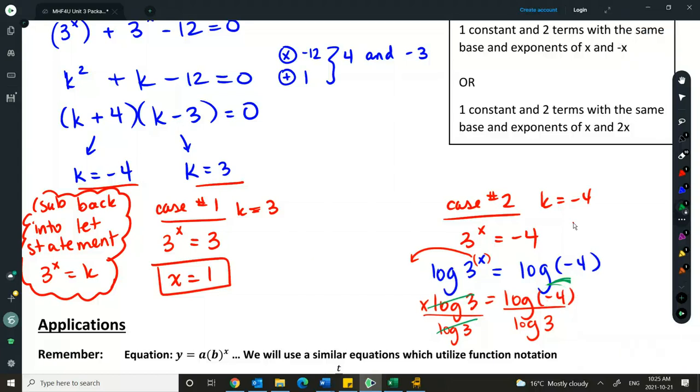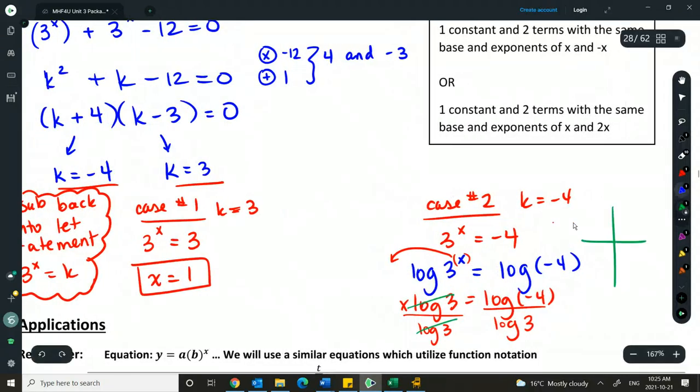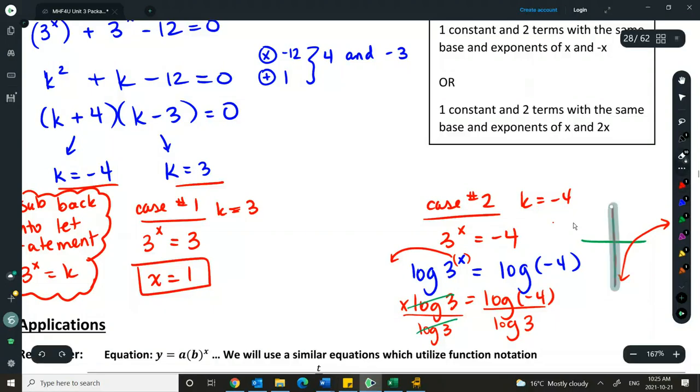So remember, this is back in our first lesson, we talked about the domain and range of logarithmic functions. And logarithmic functions are only defined for values that are greater than 0, because they kind of look like this, right? And there's an asymptote on 0. So I can't plug in values into the logarithm that are negative, and I can't plug in 0 into a logarithm. Otherwise, I will get an error in my calculator.